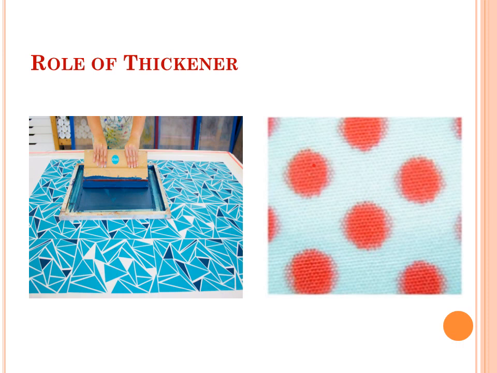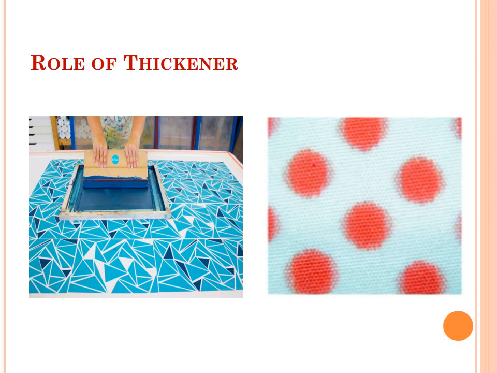Third role is it has to extract sufficient amount of condensed water during steaming. So that we can see here in case of the second image. Here we can see that a red dotted design is there, but we can clearly see that the dye has spread beyond the boundaries. So probably this is occurring because of improper viscosity of the print paste.